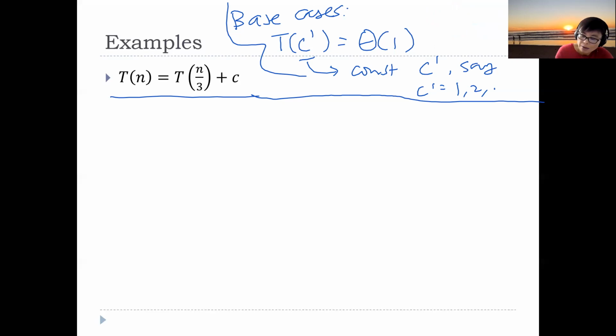Remember, first we unroll for a few iterations to see whether we see a pattern.